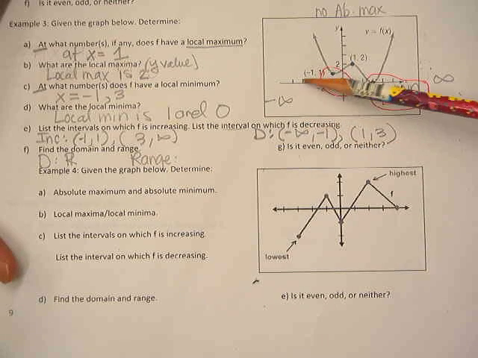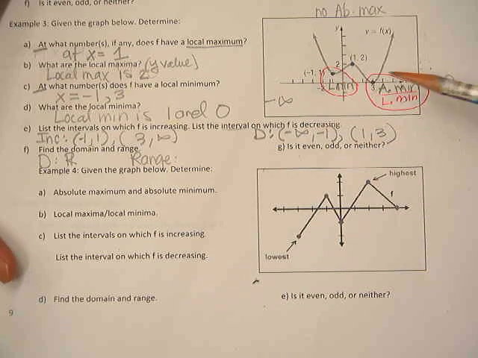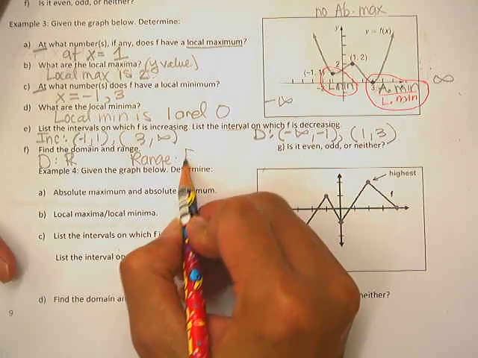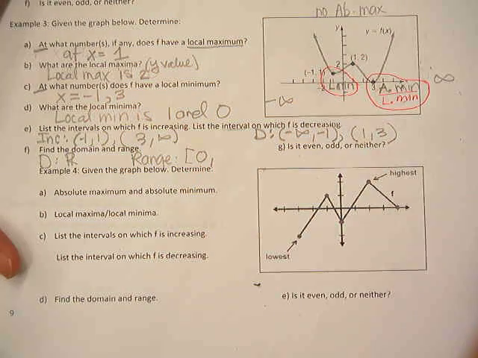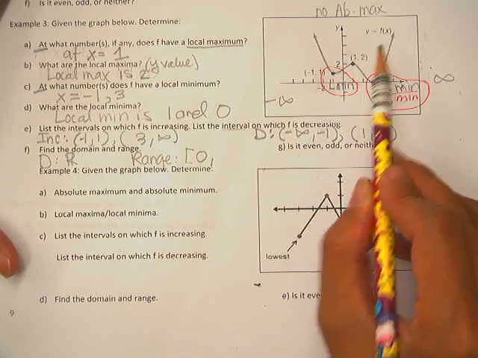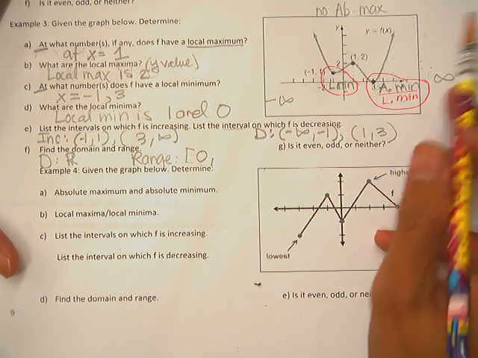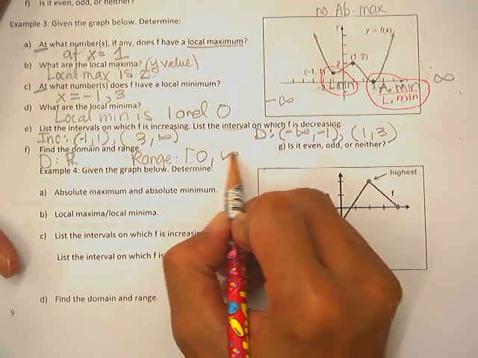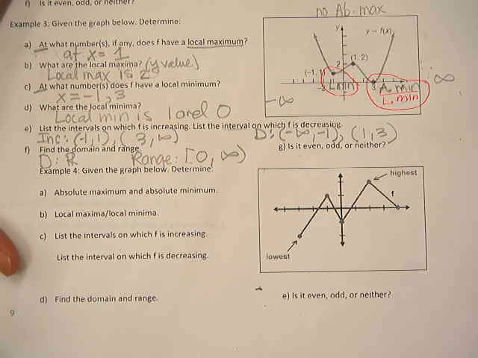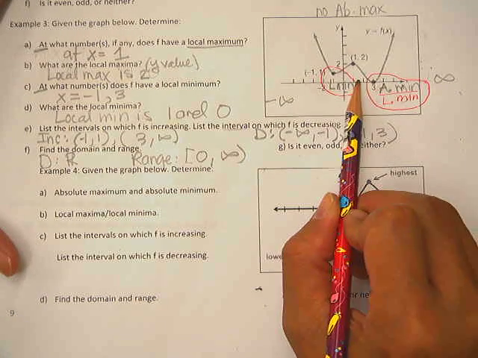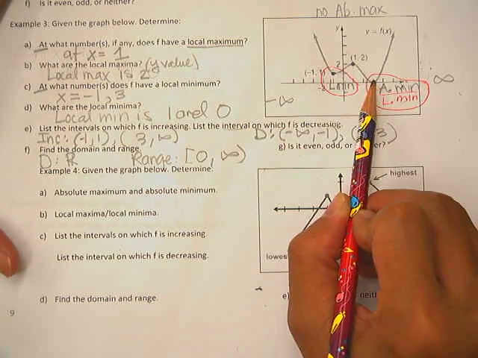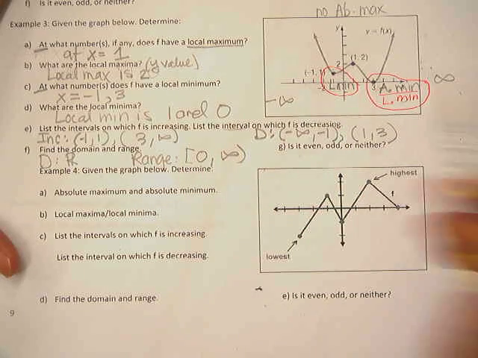The smallest y value is starting at 0. See this right here? So that's where we are going to start in our interval notation. And because we do have an arrow, actually 2 arrows going up and out, this is going to go towards positive infinity on the y-axis. So the range is from 0 inclusive, which is square bracket, going all the way up.